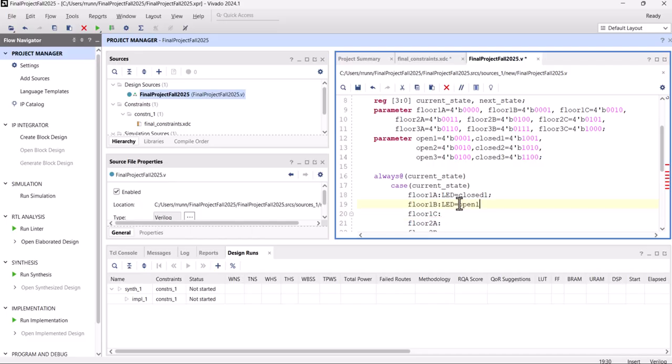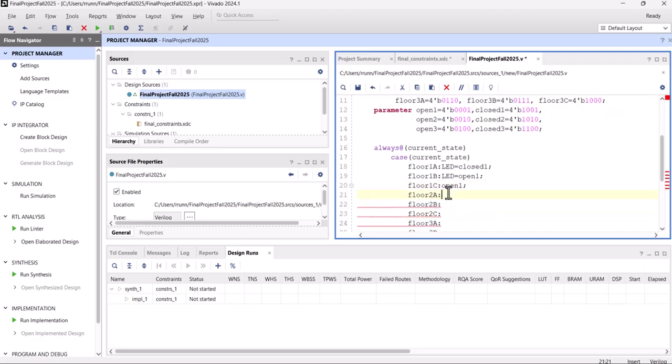Open 1. Open 1. Close 2. So I'm just setting, and this may not be the way yours is set up, this may not be the way you want yours to be. I'm just picking these, saying this is what I would have on for my outputs for these different states.